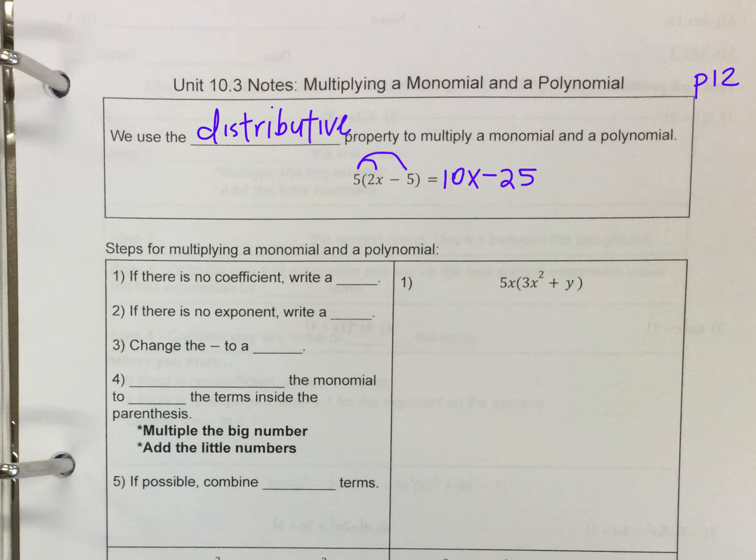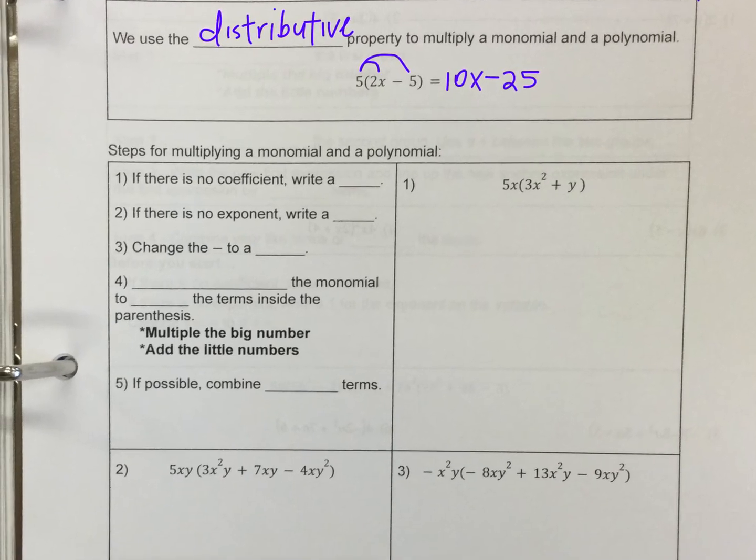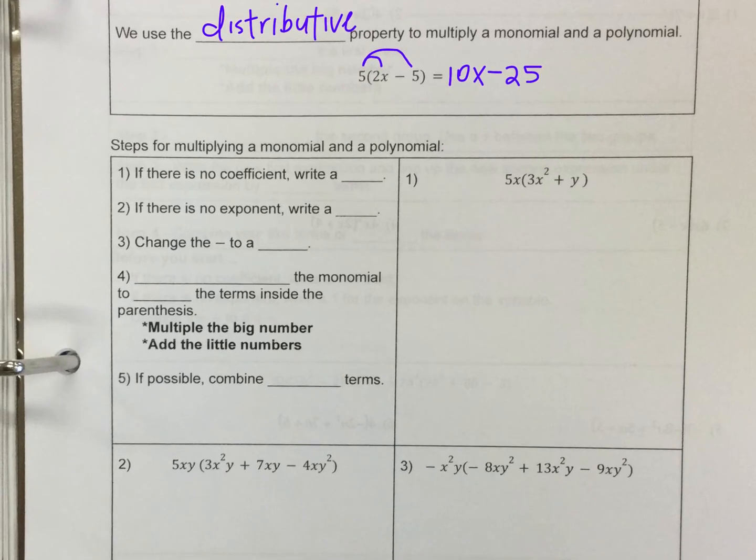So, when we do these problems, there's 5 steps you'll need to do. The first one is, if there's no coefficient, that's the number in front of a letter, write a 1. Step 2, if there's no exponent on the variable, write a 1. We need to change the negatives, the minuses, to plus negative.